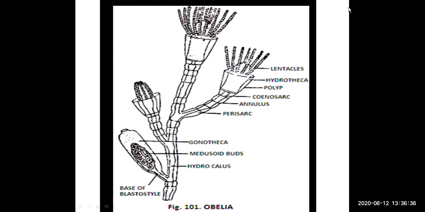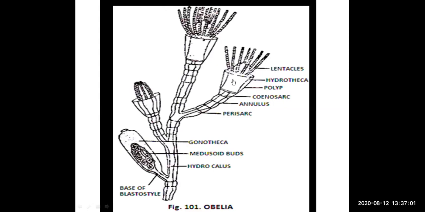Once again, the Obelia colony. It is a perisarc. The total Obelia colony. It is a polyp. The polyp has tentacles. How many tentacles does the polyp have? 24 tentacles. It is the mouth.